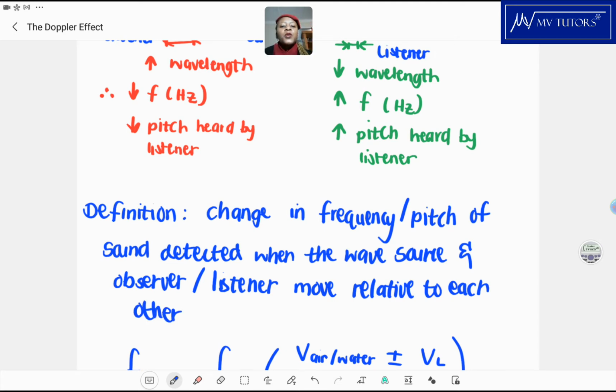There will be a change in frequency or pitch as the source and the detector, the observer rather, move relative to each other. Like I said, if the source moves away, you will hear less sound. And if the source moves towards the observer or the listener, then the sound will be magnified.